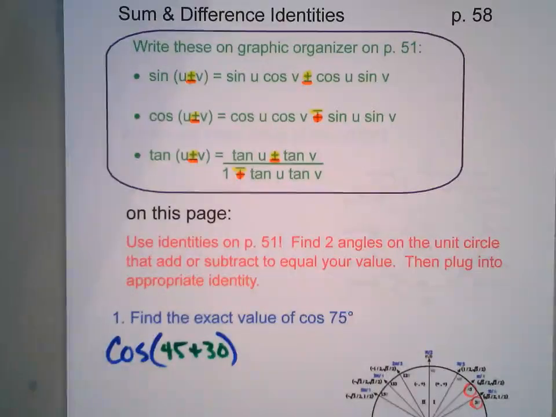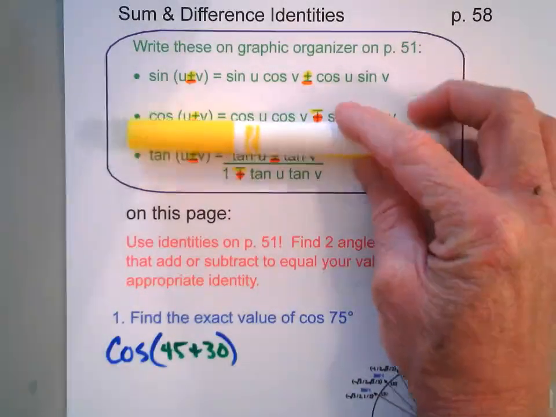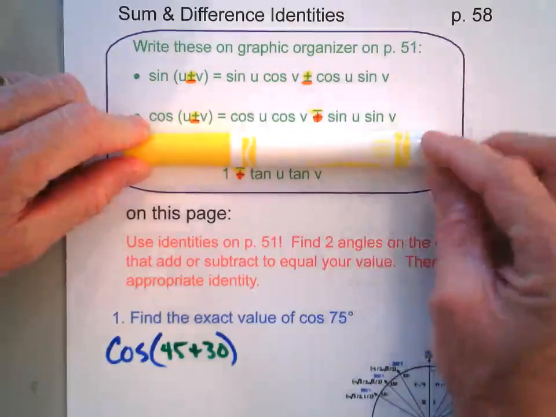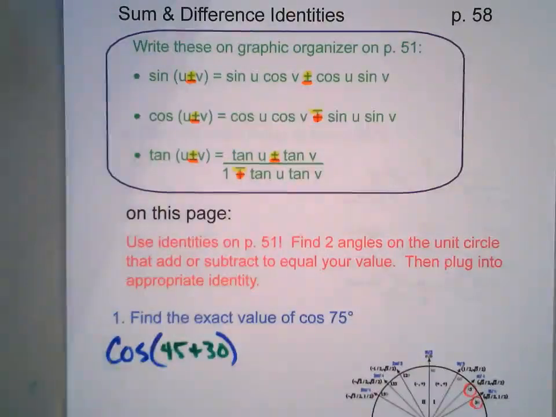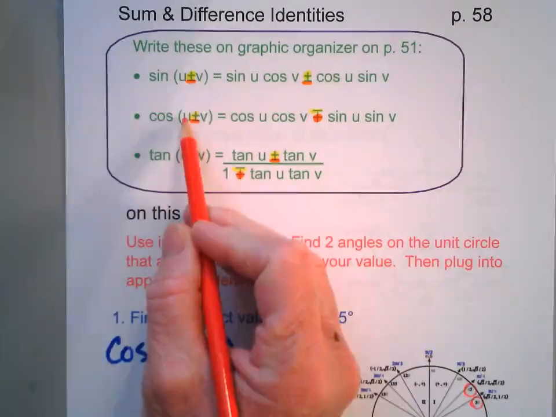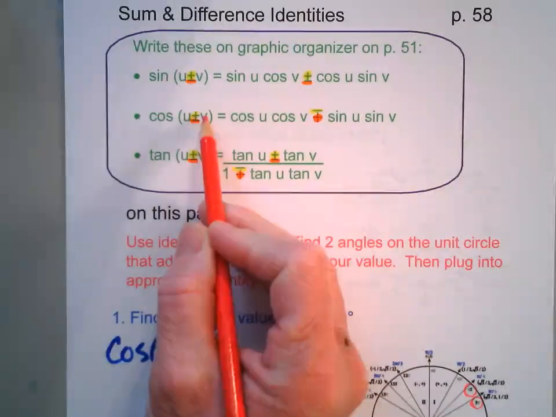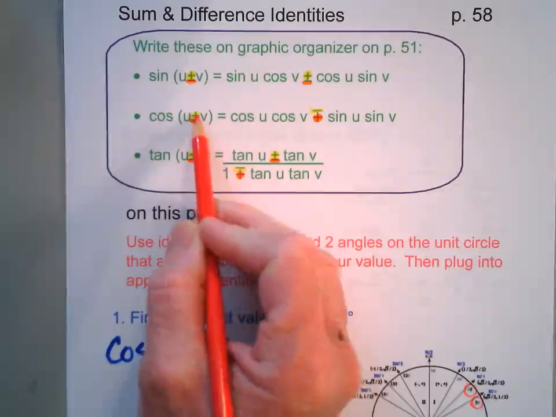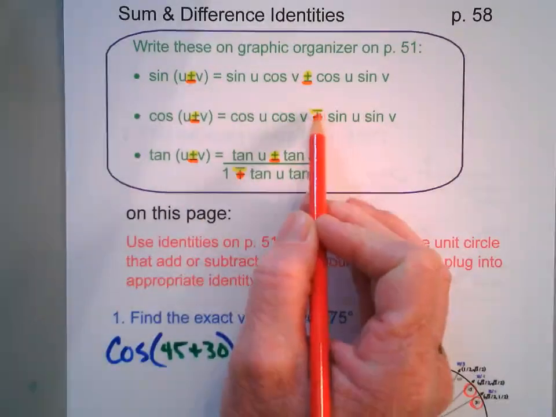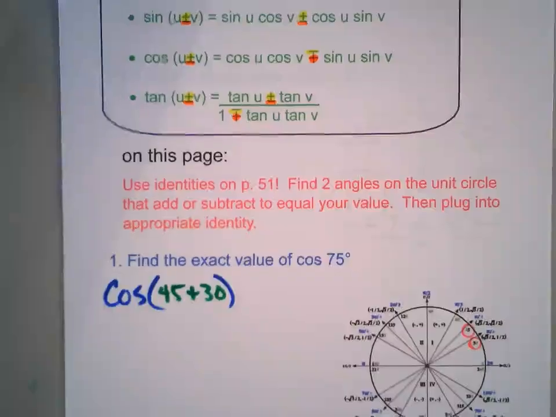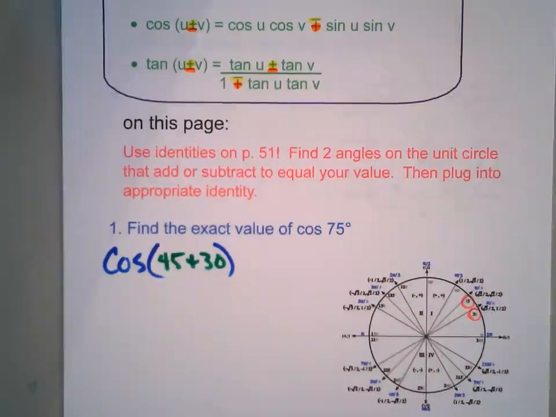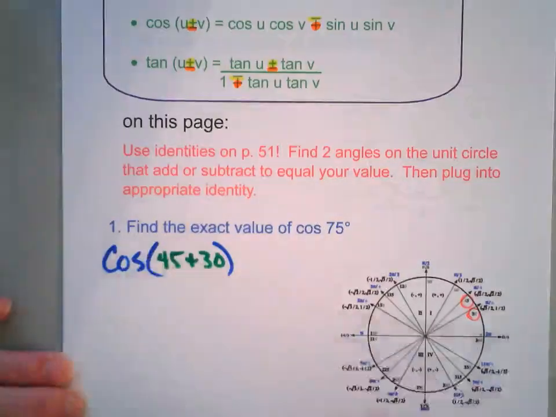All right, so from there, we work our way up to the cosine identities right here. We have cosine of 45 plus 30. So we're using the plus sign. As we get into the formula, our middle sign will be a subtraction sign. Try to keep as much on here as possible.